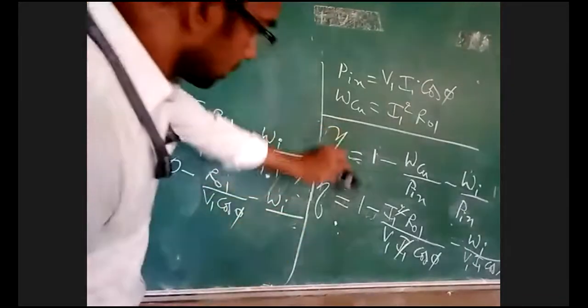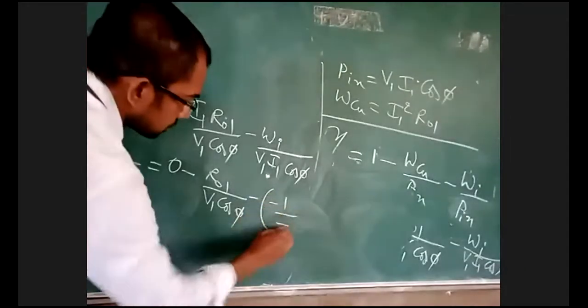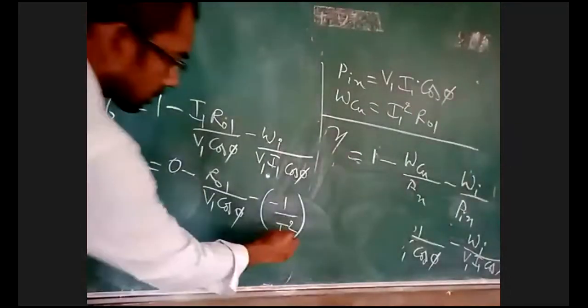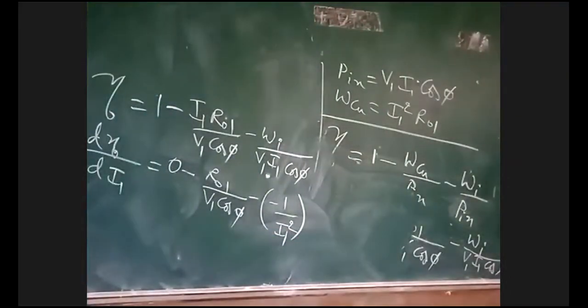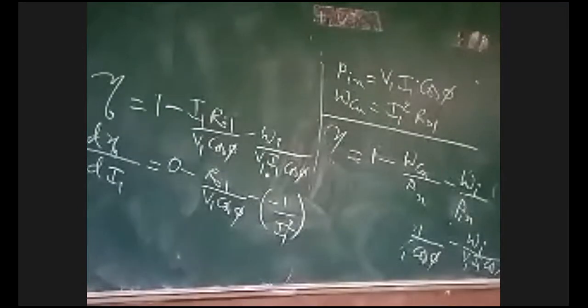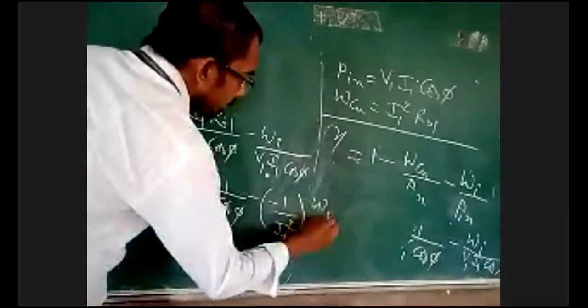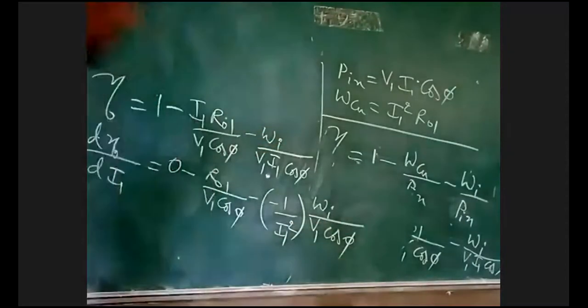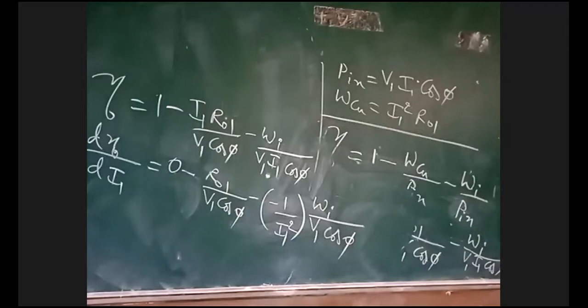Derivative of 1 by I1 is minus 1 by I1 square. Remaining all are constants. Wi is the iron loss, which is constant. V1 is constant. Cos phi is constant.